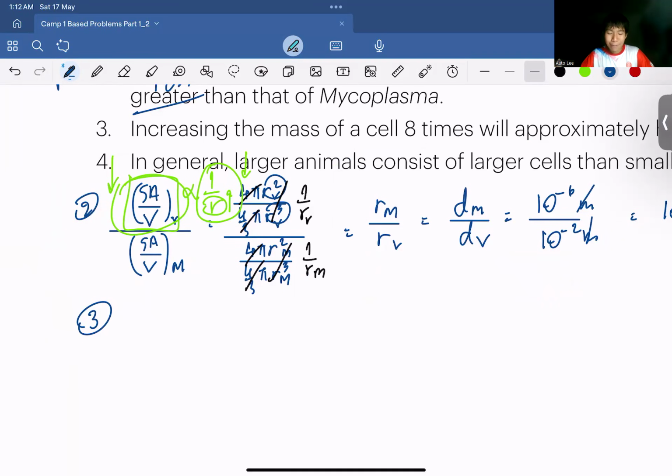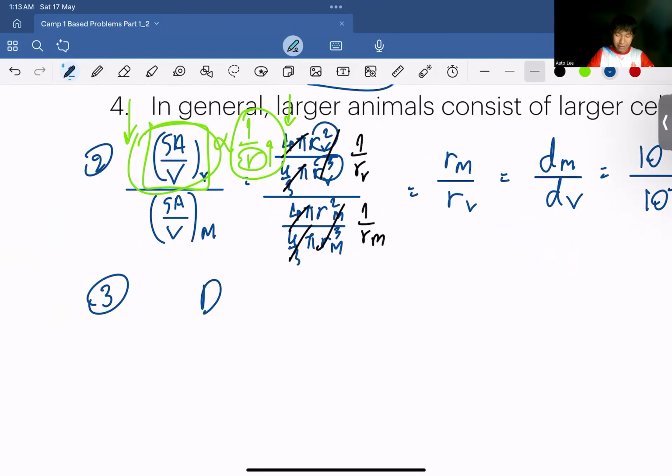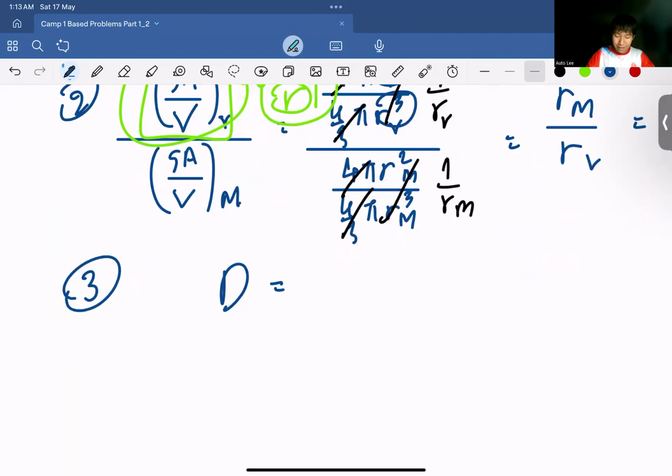So you can see that we added something here to our situation. It's mass. We don't really talk about mass, right? So if you remember from physics class, there's an important formula. It's density, which is D in this case, equals mass, M, divided by volume.